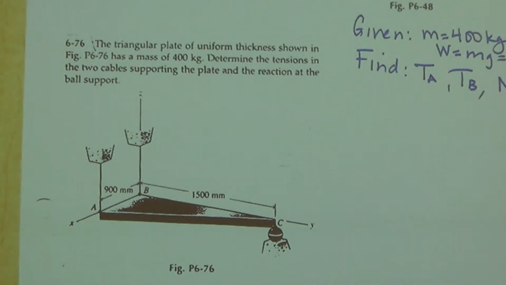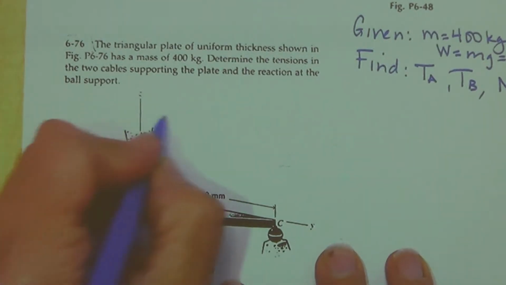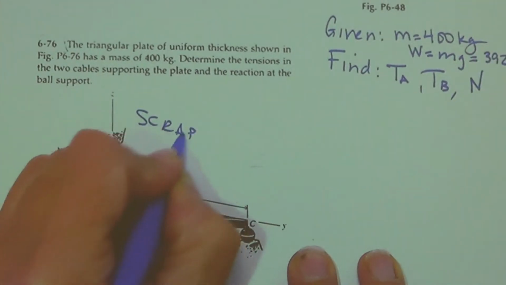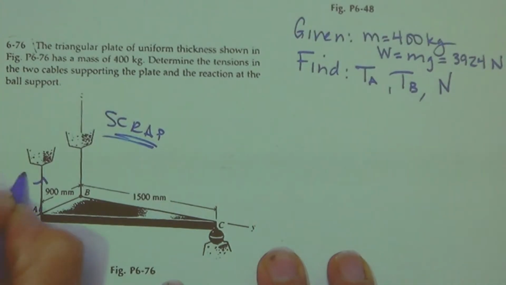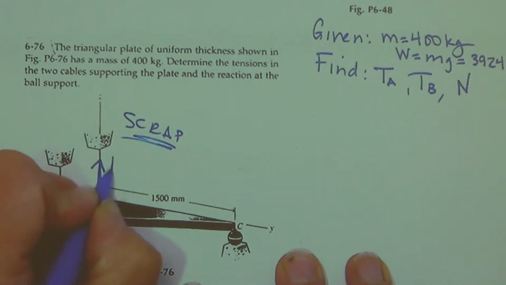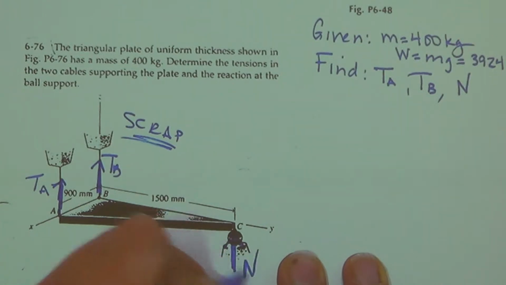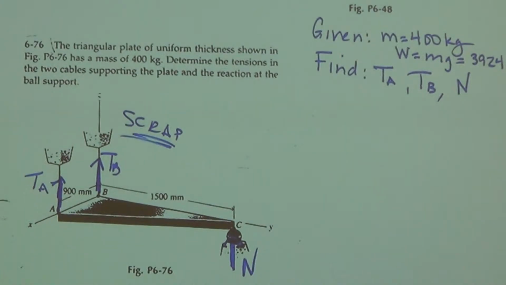N. Good. So this is my scrap: TA, TB, normal. You can call it whatever you want.